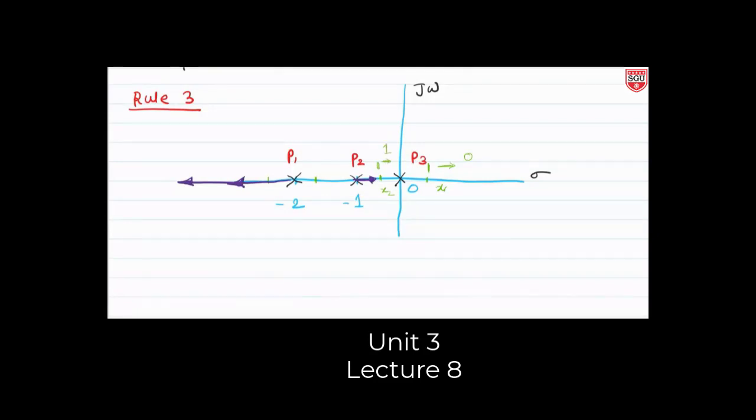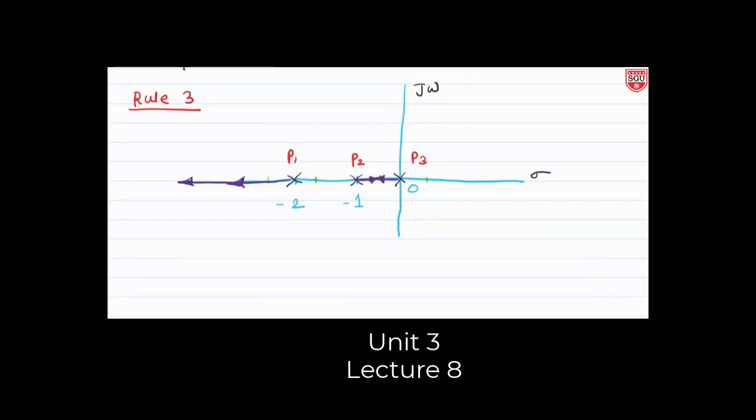Means the branch which is starting from point P3 will move in the direction of X2. It should be clear. Then I will draw that also. So what will be our conclusion? That there will be a breakaway point. These 2 branches are coming and meeting each other. That we have concluded over here.